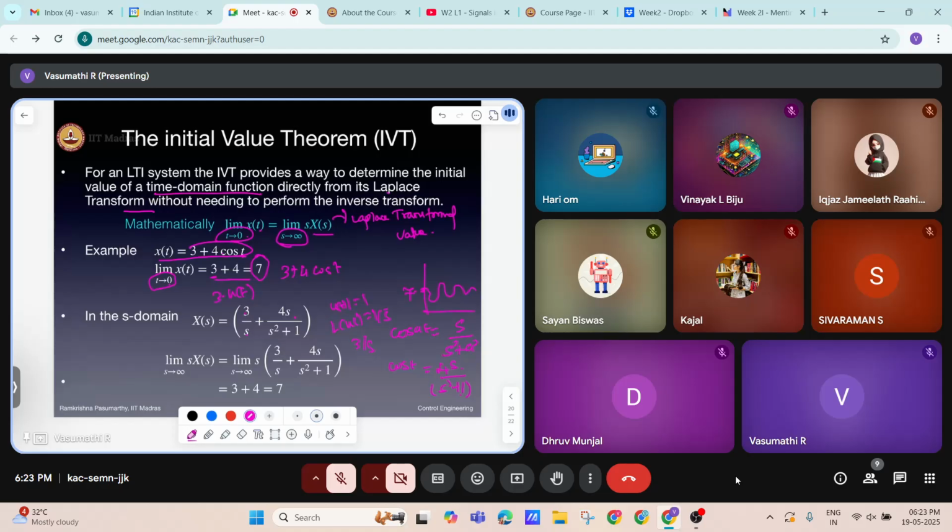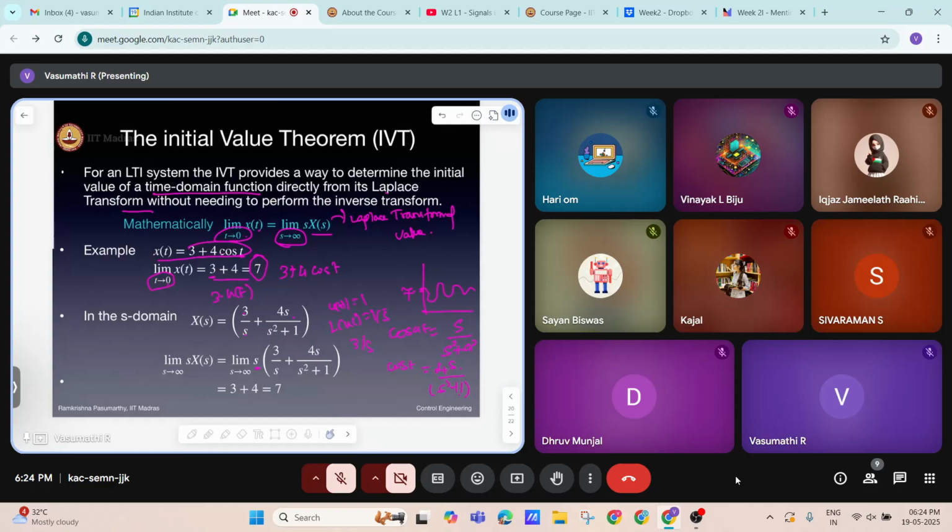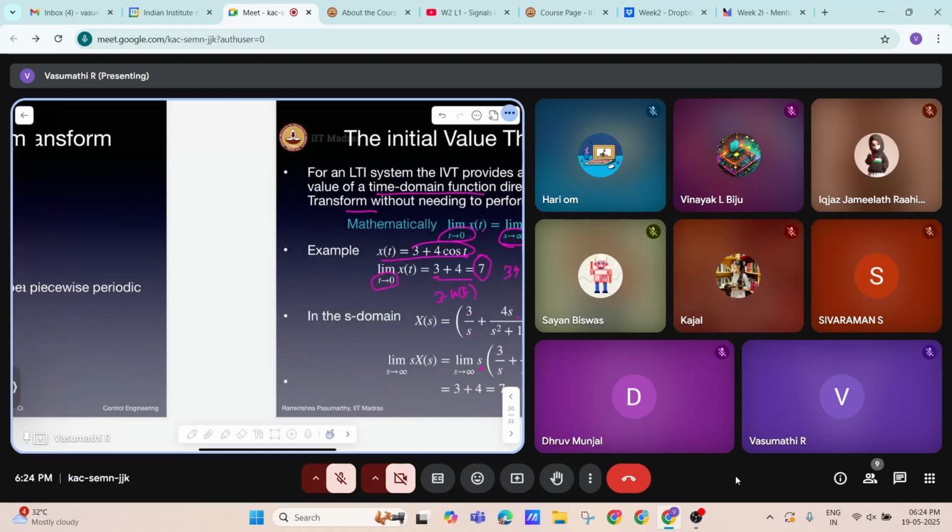So for this, you will straight away put s equal to infinity. If you take s common here and put s equal to infinity, 3 by infinity will be 0, and the s will be cancelled.